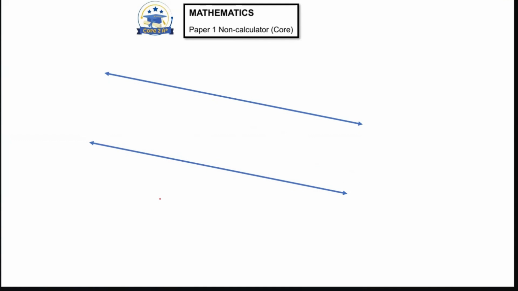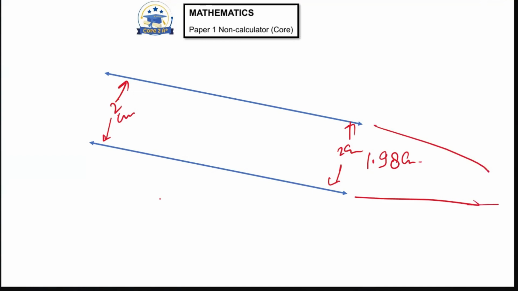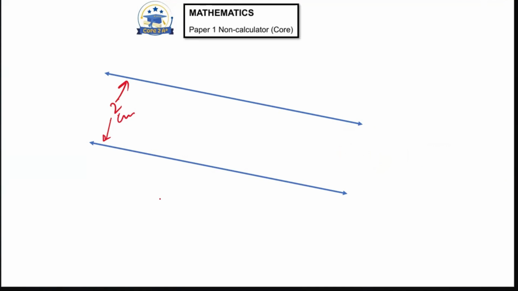They do not decrease or increase the difference between them. Suppose here the difference is 2 centimeter. So here would also be 2 centimeter, right? It could not be 1.98 centimeter. Otherwise, they may cross if we draw further line. Okay. So they have to maintain a fixed distance between two lines. Then we can say both lines are parallel to each other.